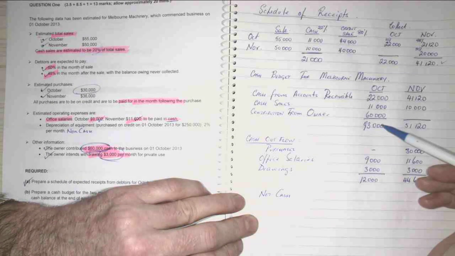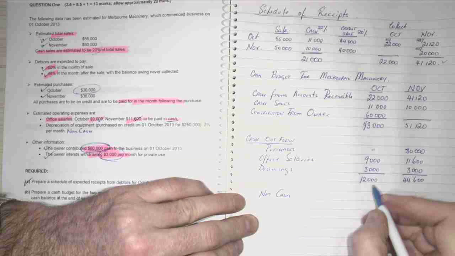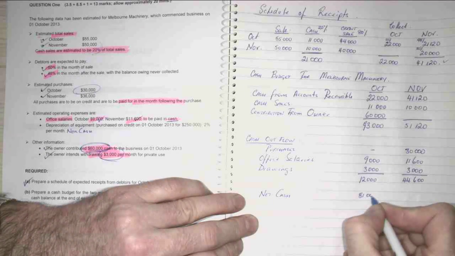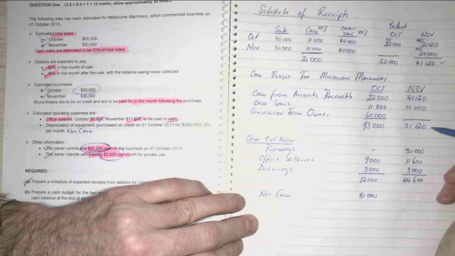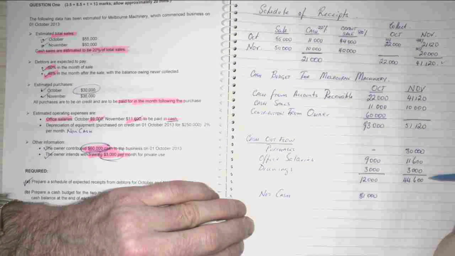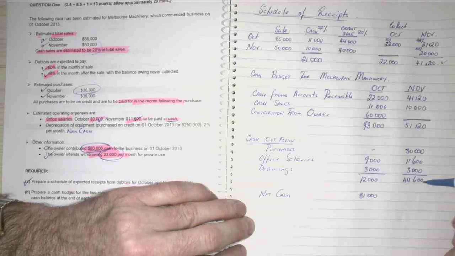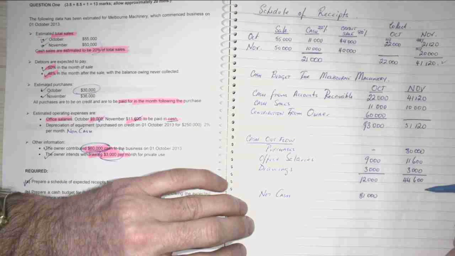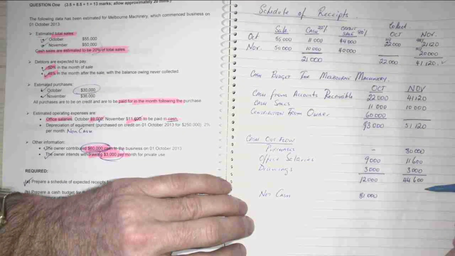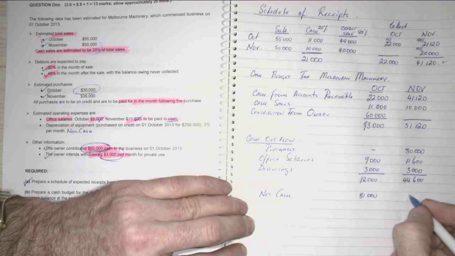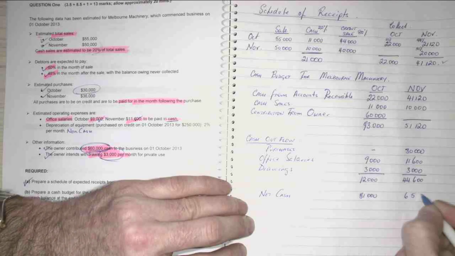In October, 93 minus 12 gives me 81,000. And in November, 51,120 minus 44,600 gives me 6,520.